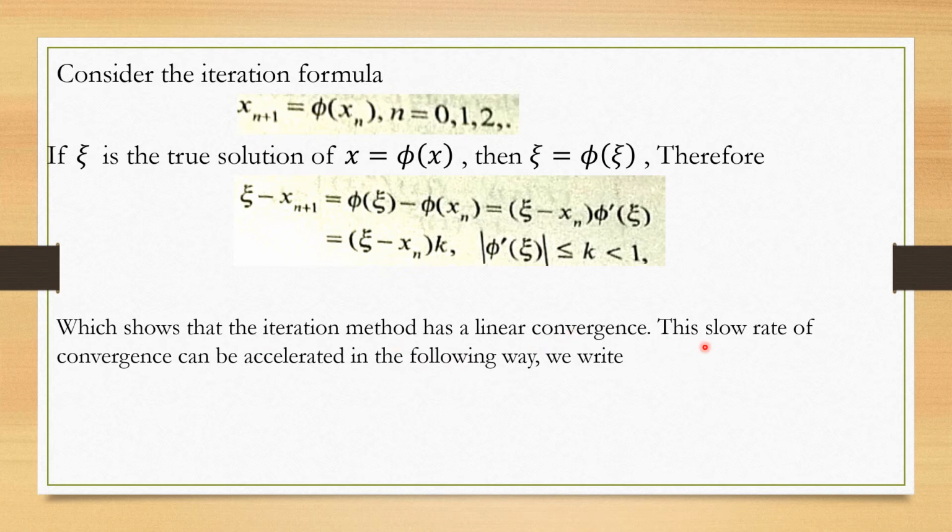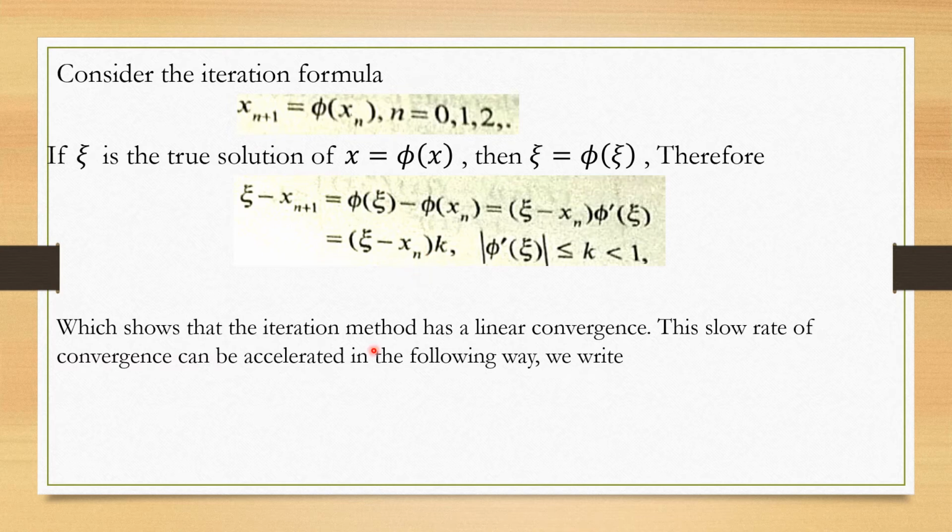This slow rate of convergence can be accelerated in the following way. This is actually the order of fixed point iteration. Here we see that the power of xi minus x(n) is equal to 1 and k is any constant. Therefore, the convergence rate of the fixed point method is linear or 1.